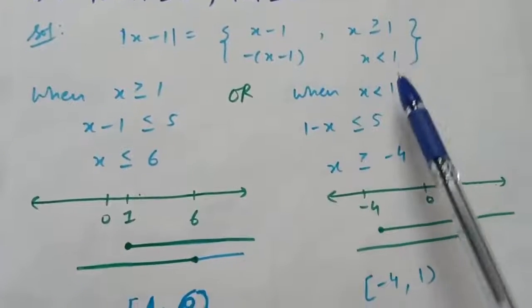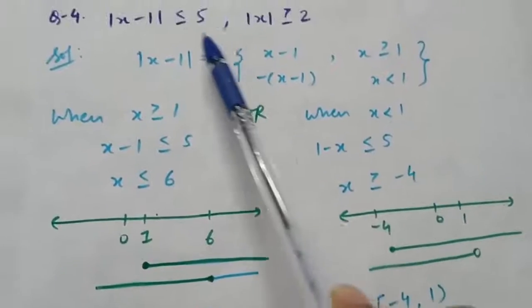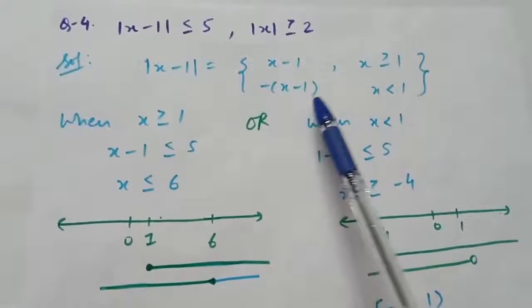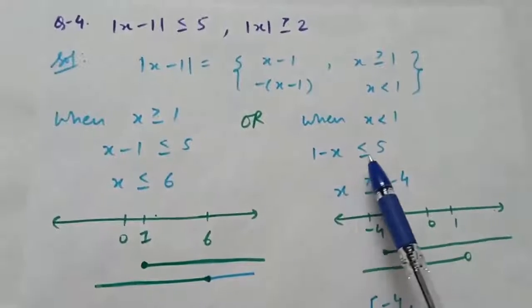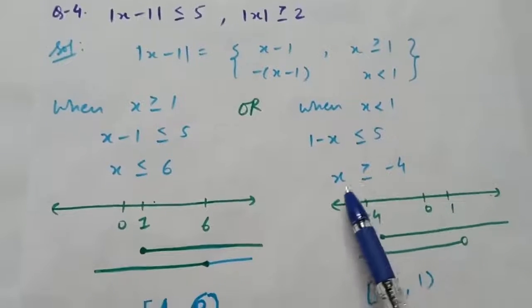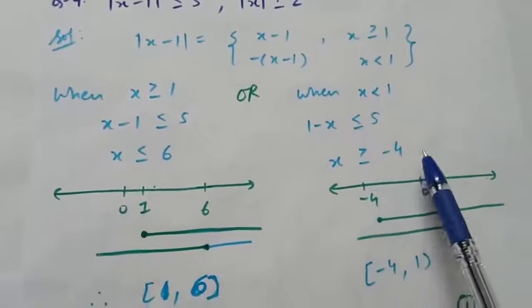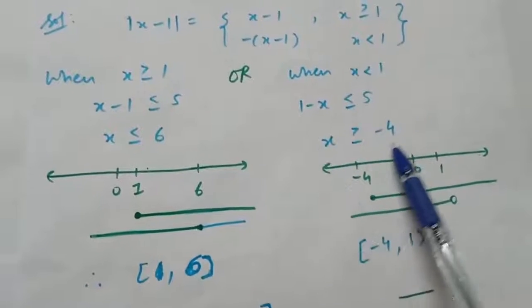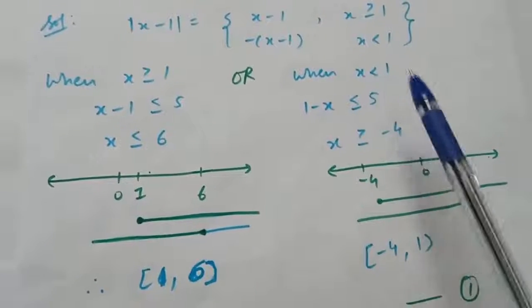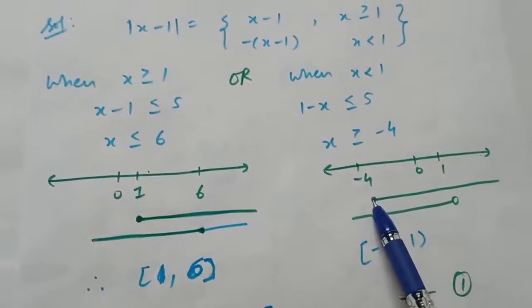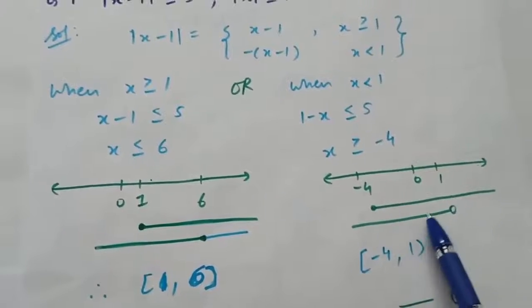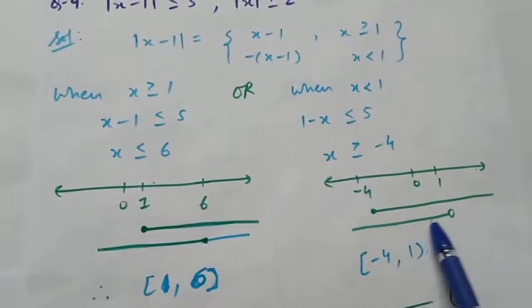Second case is when x is less than 1. Then modulus of x minus 1 will be minus of x minus 1, which is 1 minus x, less than or equal to 5, or x greater than or equal to minus 4. So we have to take this solution also, but in this range, that x is less than 1.